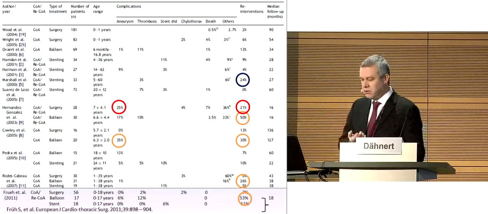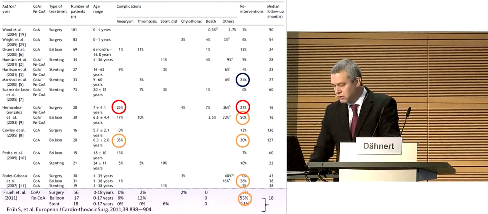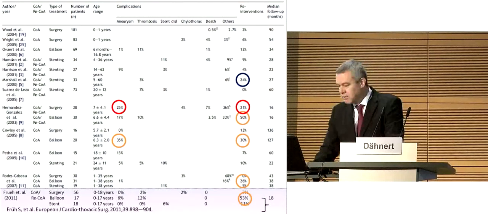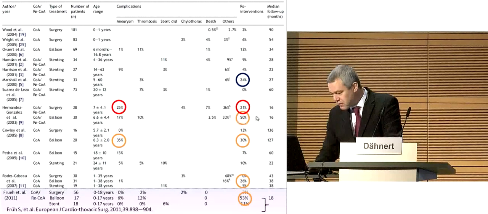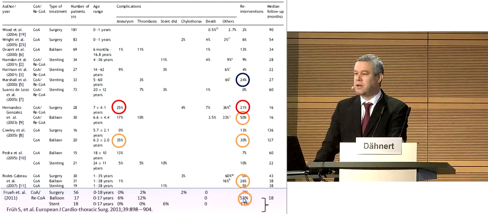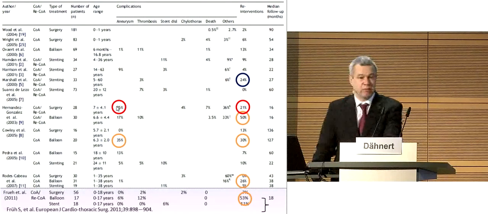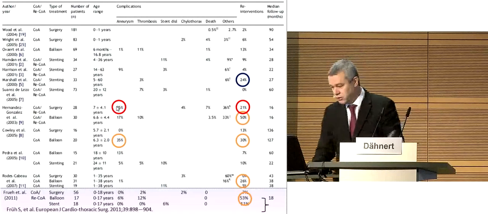If we go to another, this is a good overview on complications. So you see here, of course, restenosis, that's the orange circles, is higher in balloon dilation, up to 53% in the series of Zurich. Walter Knirsch made that. But there are also some surgical series with 25% of restenosis after surgery.